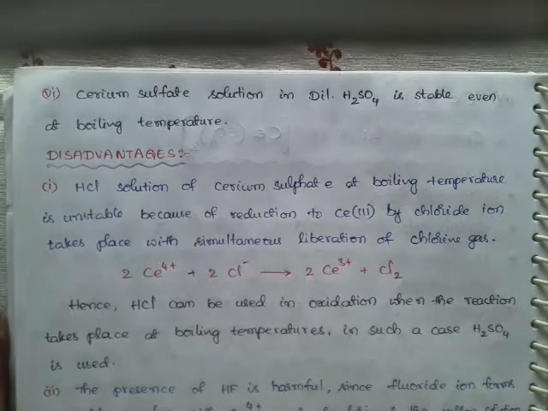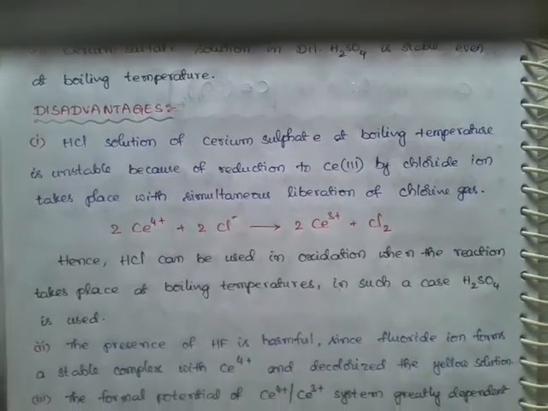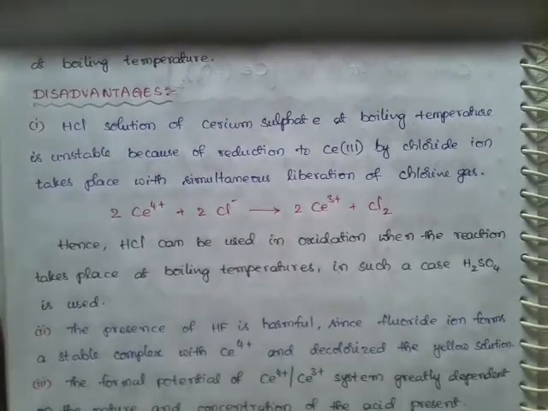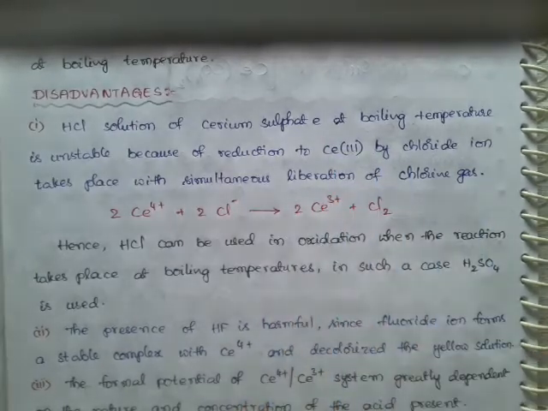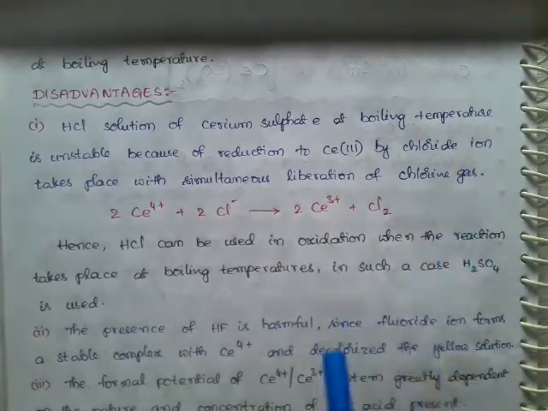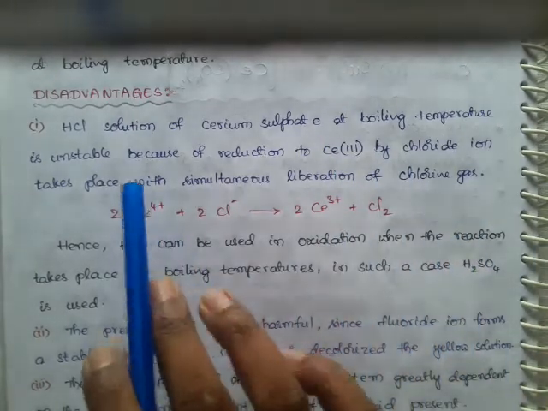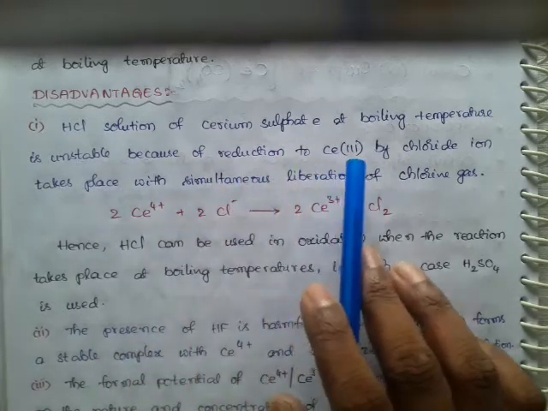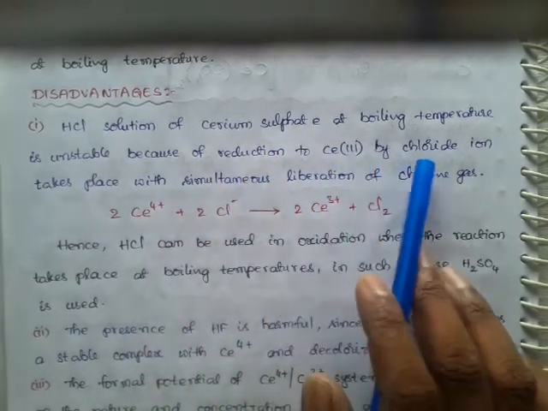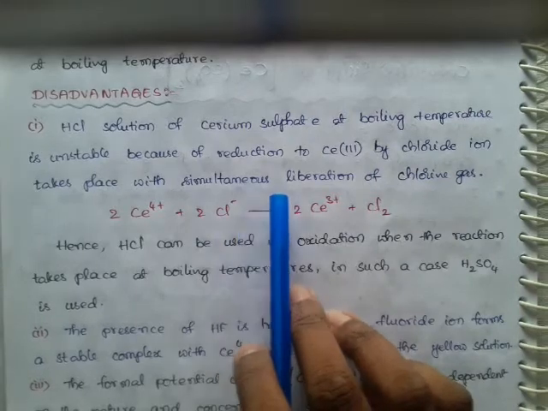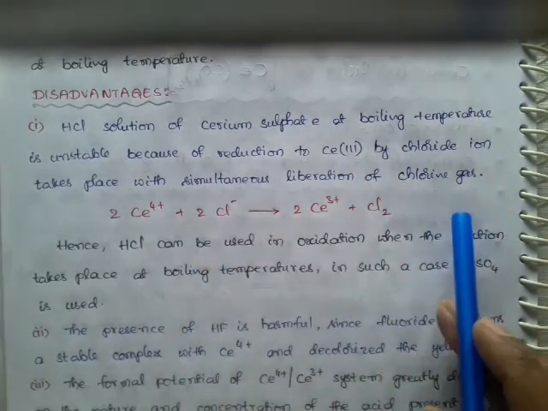Next, what are the disadvantages? First one, HCl solution of cerium sulfate at boiling temperature is unstable because of reduction of cerium 4 by chloride ion with simultaneous liberation of chlorine gas.